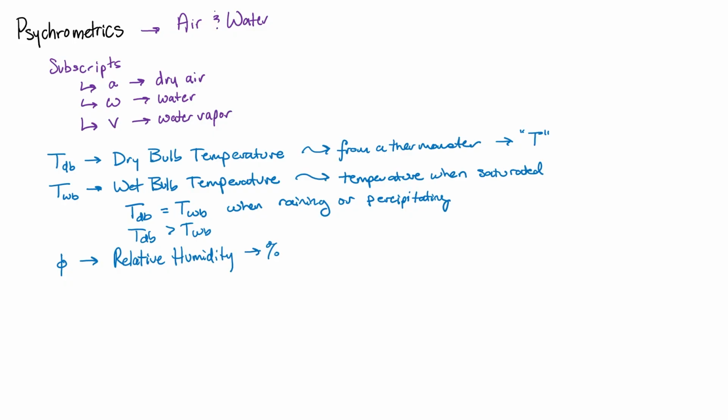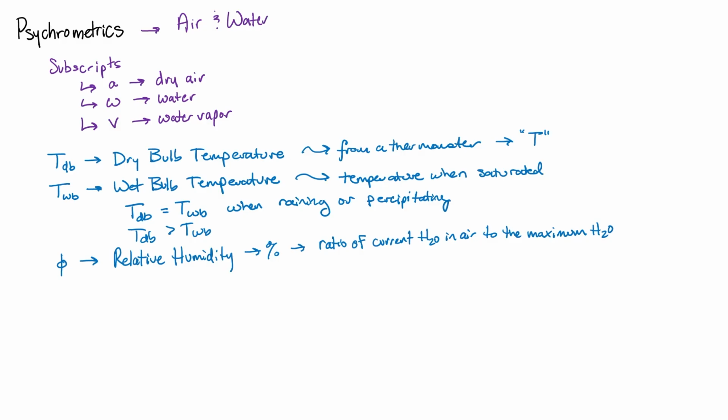What this is stating is this is a ratio of the current moisture in the air, so the current amount of water, to the maximum water that could be in the air if we were 100% saturated.